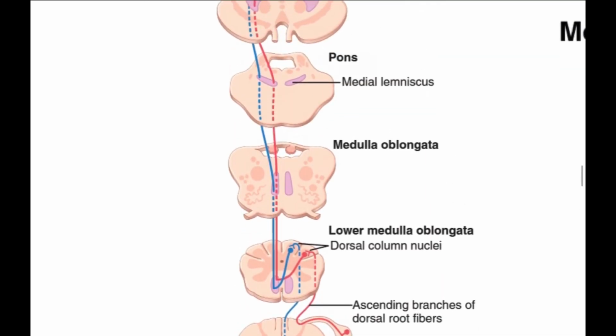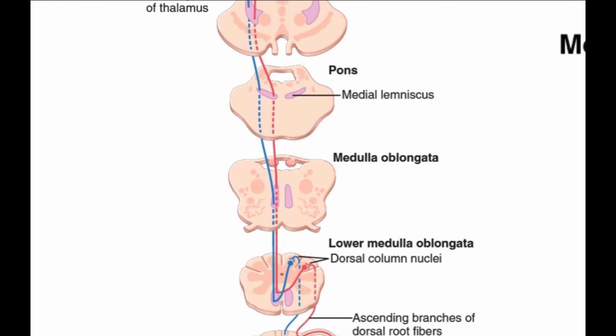When it moves upwards, these sensory nerve fibers, that is these contralateral sensory nerve fibers, will form a tract called the medial lemniscus.